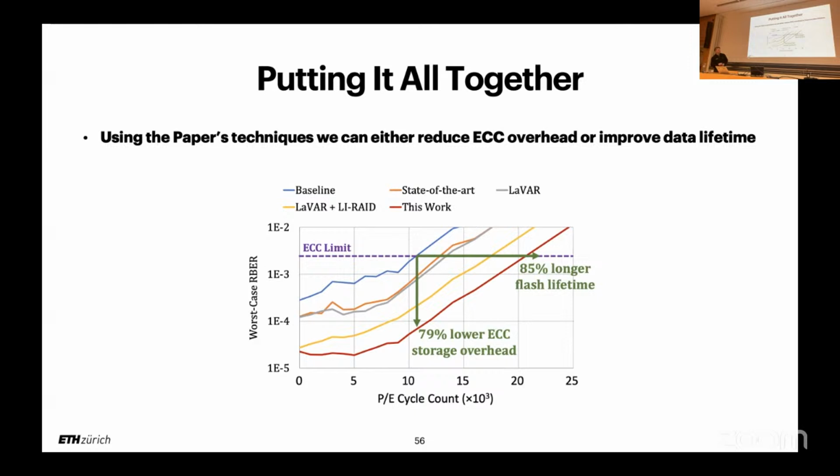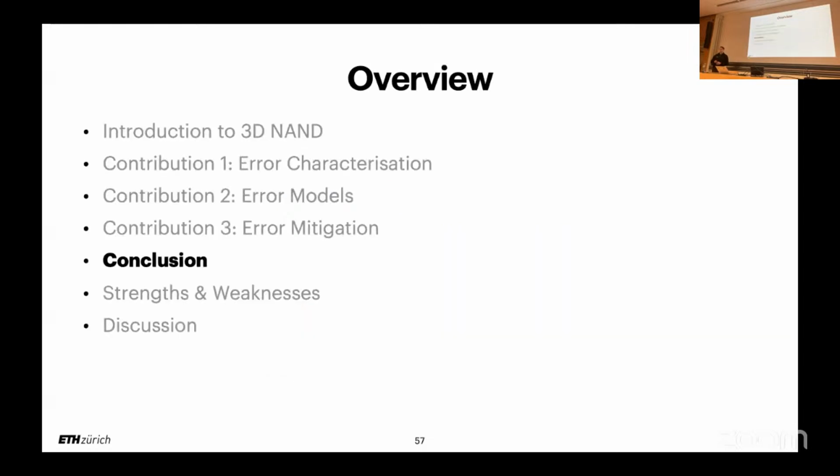And if we keep the ECC limit, we can basically just have more program erase cycles, or we can also reduce the ECC limit to here, which means we have to store fewer ECC bits. This is 79% less storage overhead, and then we can correct fewer errors, but we also get fewer errors. So this is basically the benefit of these techniques. Now, any questions?